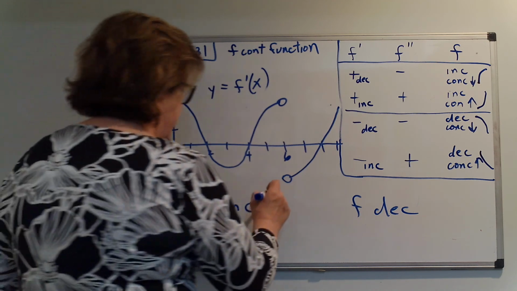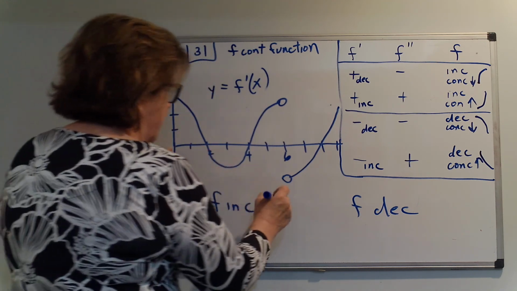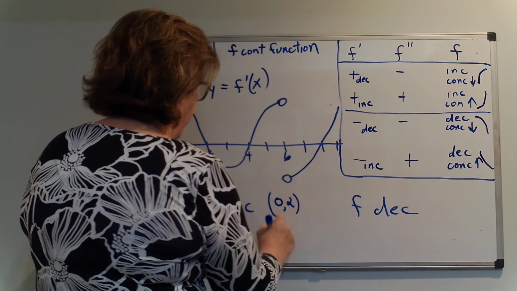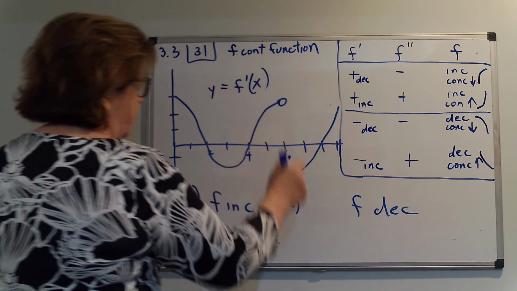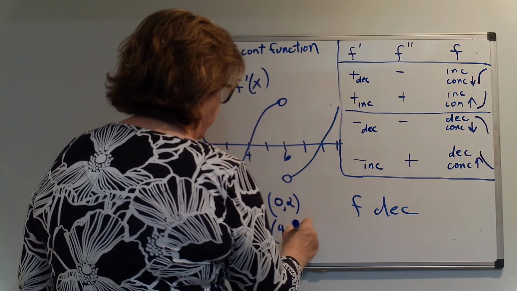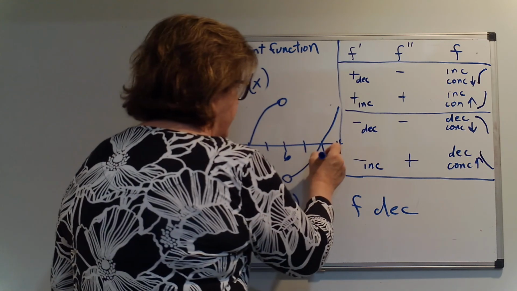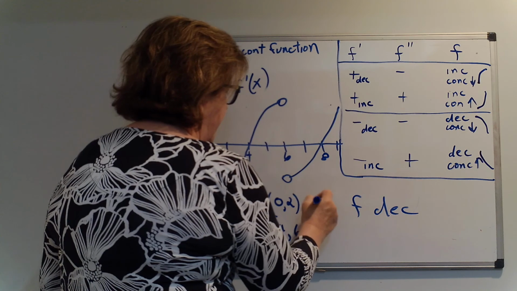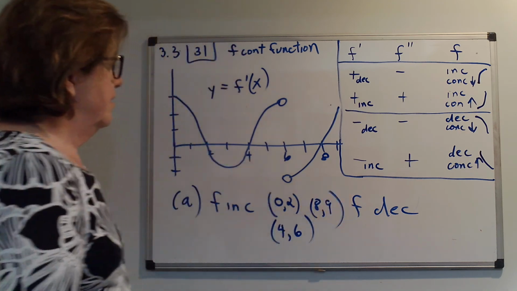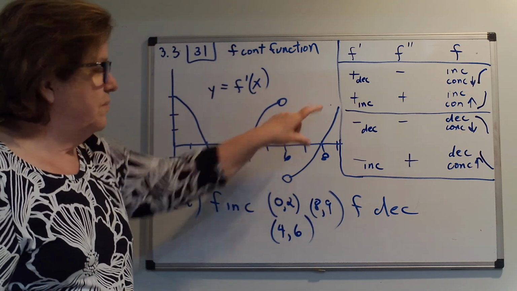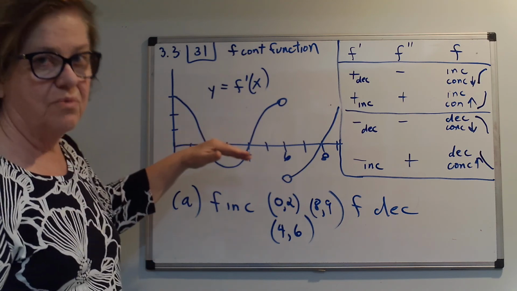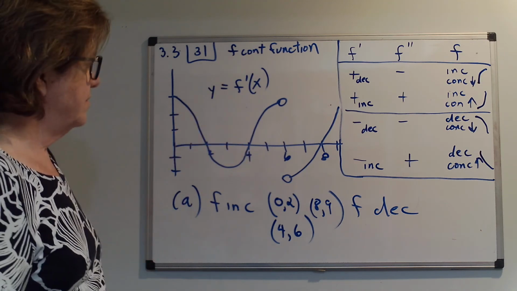So the function is increasing from 0 to 2, and let's see, from 4 to 6, and from 8 to 9. So those are all the places where the graph of the derivative lies above the x-axis.